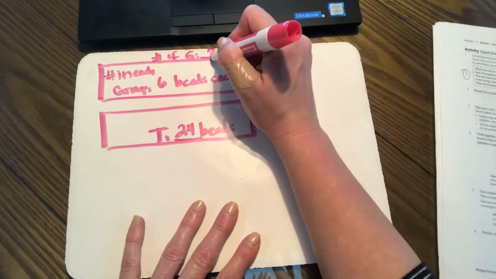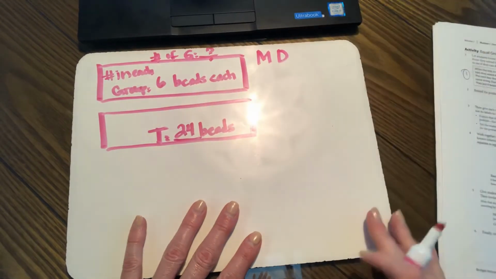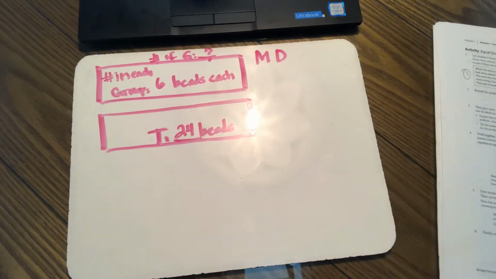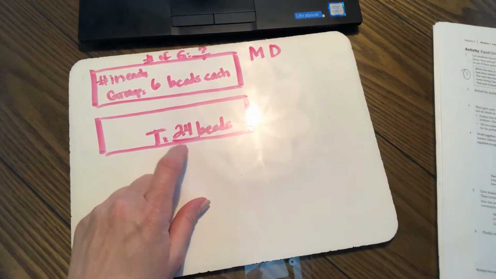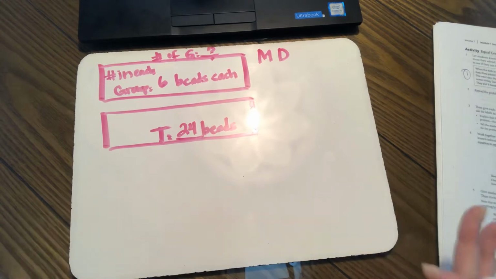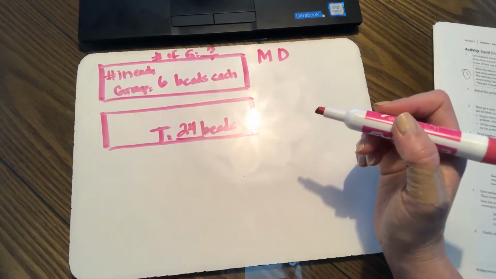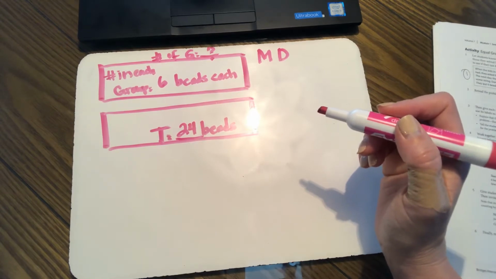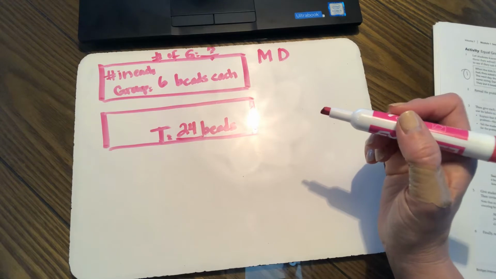Now, last week, boys and girls, we talked about the M and the D, the multiply and the divide. And I told you that the only time we multiply is when we're looking for the total. And in this case, I've already got 24 beads. Now, there's something really special about this story, and I don't think I've explained it to you all as of yet, but I'm going to talk to you a little bit about labels.